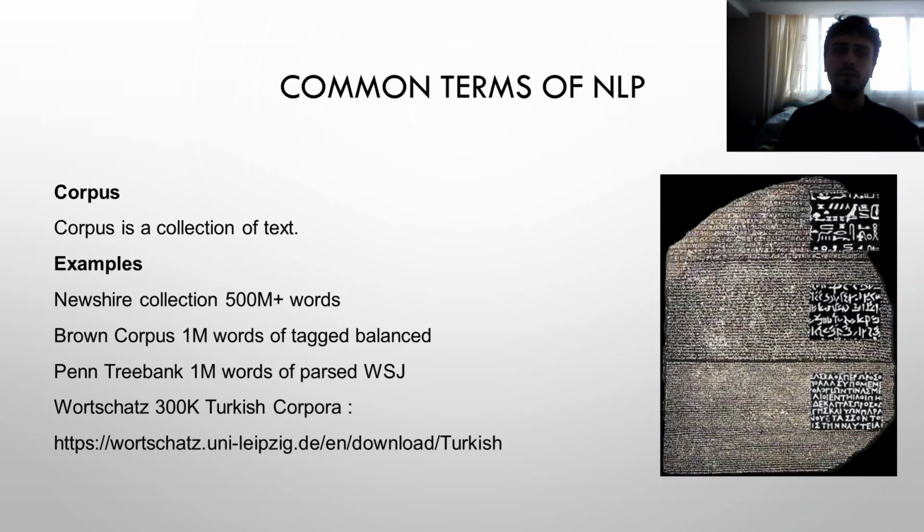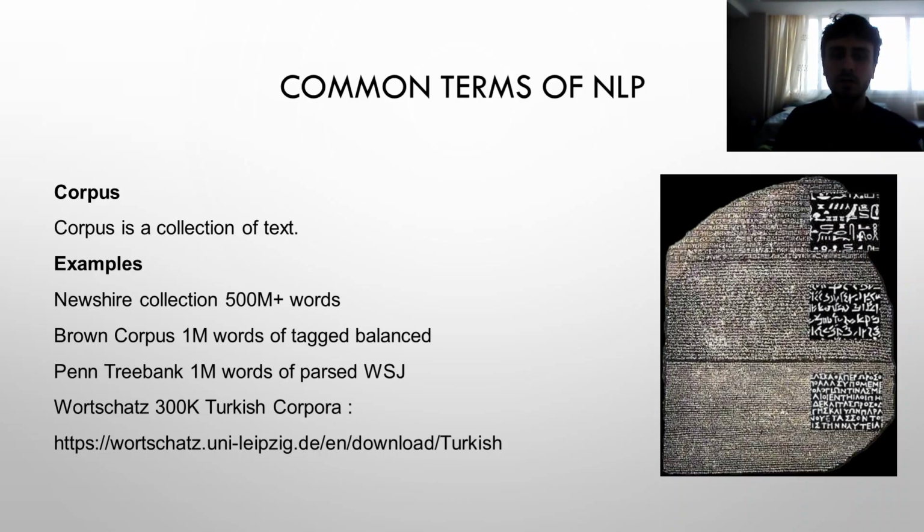So, common terms of NLP. Corpus. Well, you might know in machine learning, we need data. And here our data is text, which is called a corpus. A corpus is a collection of text. There are some common corpora examples. The Newswire collection has more than 500 million words.